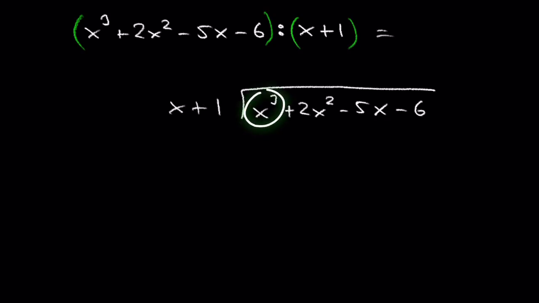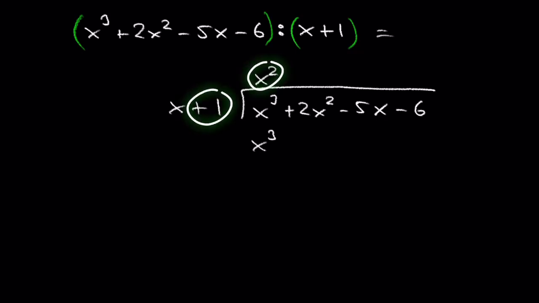X cubed divided by x is x squared. X squared times x is x cubed. And x squared times 1 is x squared.